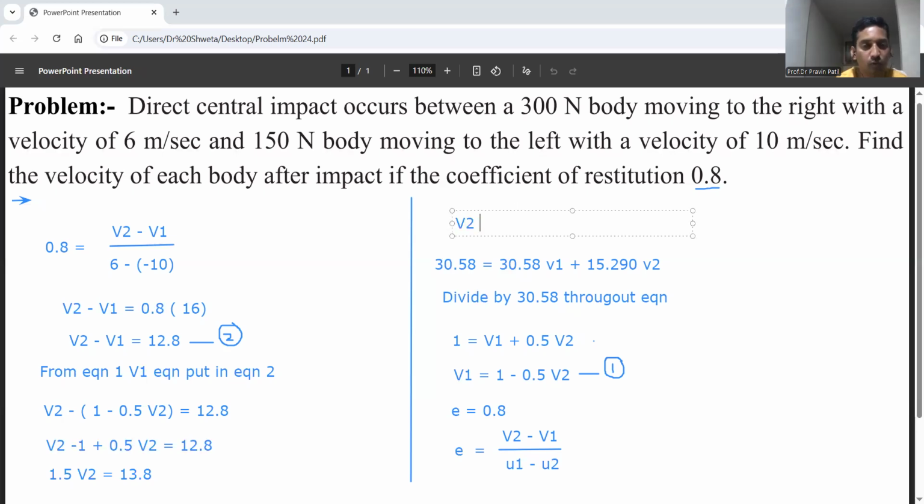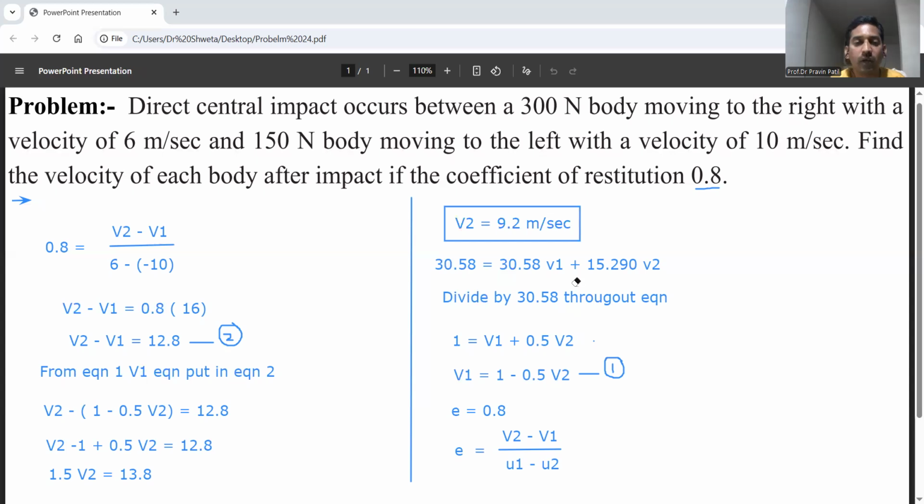So V2 is equal to 13.8 divided by 1.5, which is 9.2 meter per second. It is positive, which means it is right side. So the second body will be moving after impact to the right side at a speed of 9.2 meter per second.